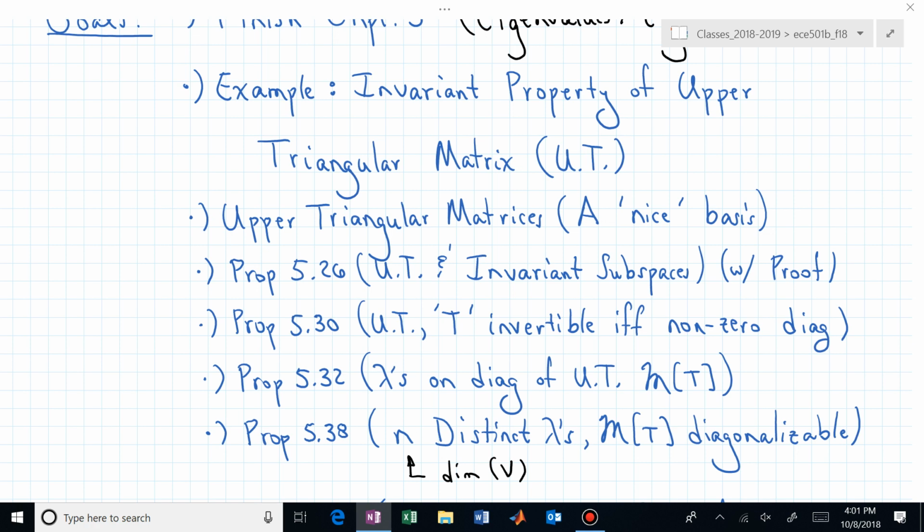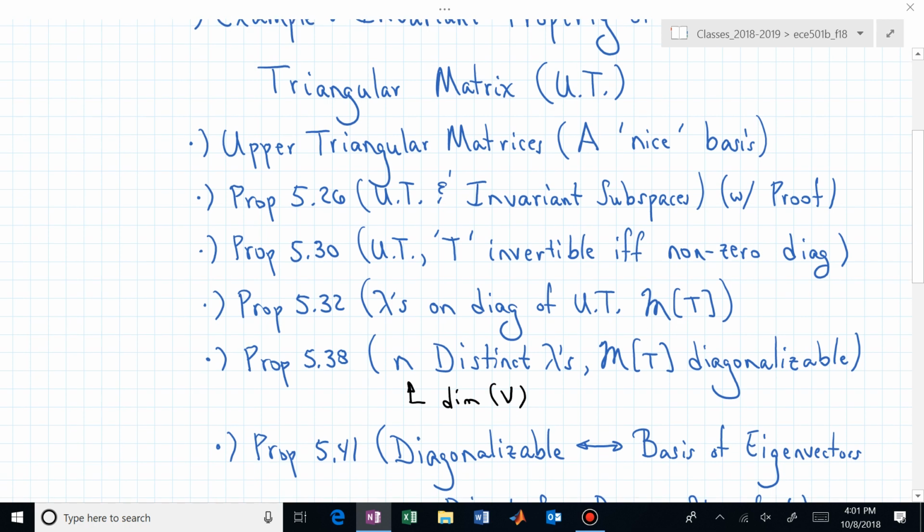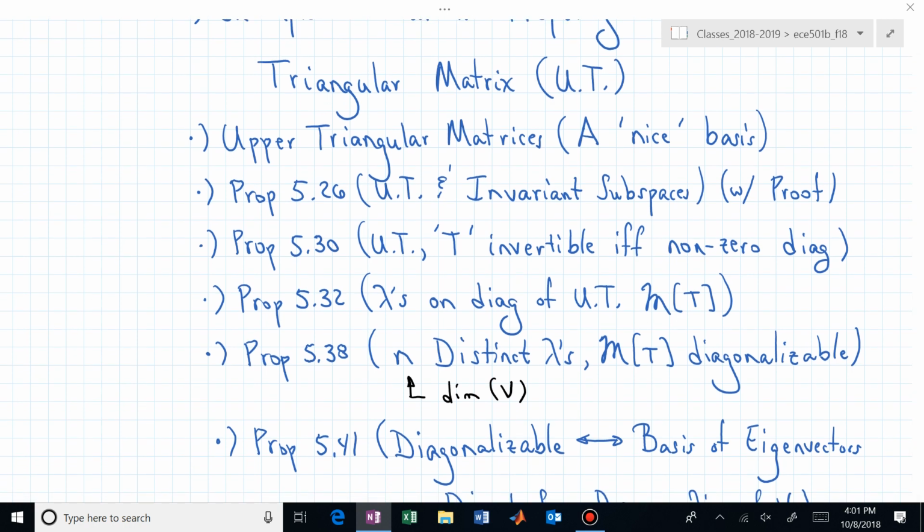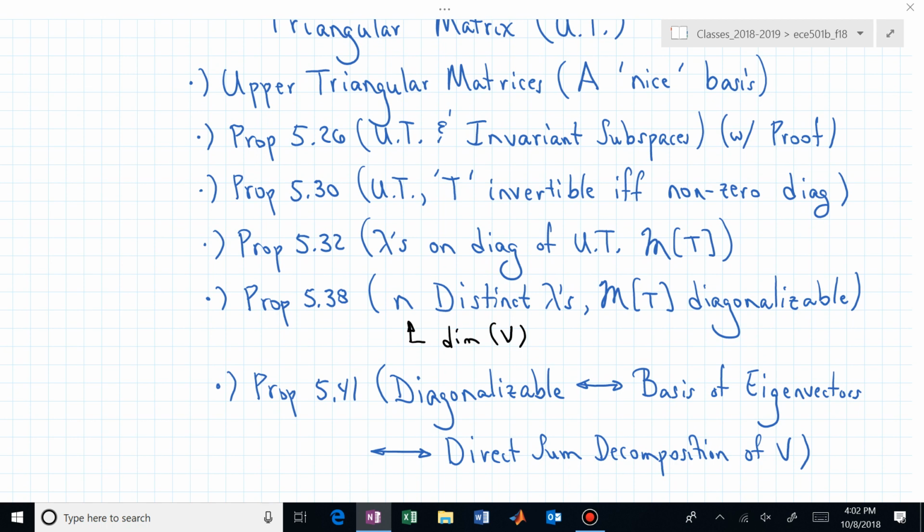Then we will talk about some different propositions. One, we will actually sort of show or prove this relationship between upper triangular matrices and invariant subspaces. Then we will just start sort of stating some of these actually quite important properties.